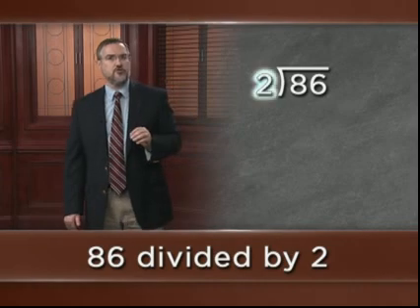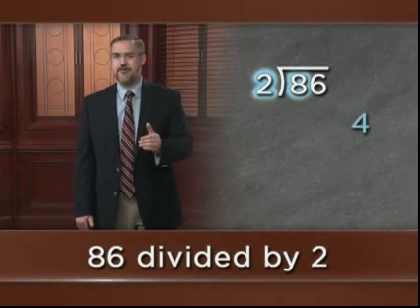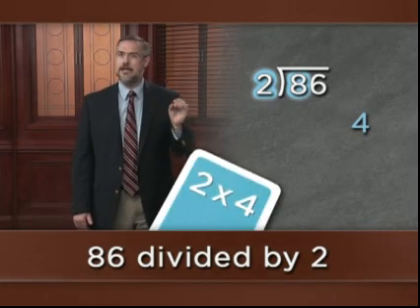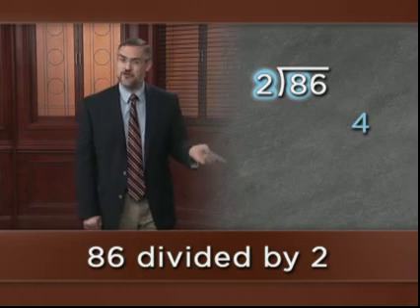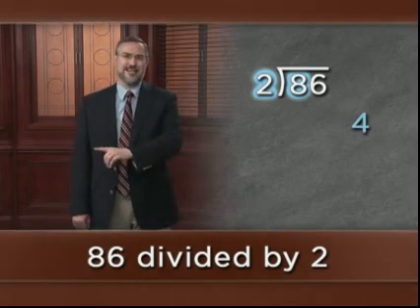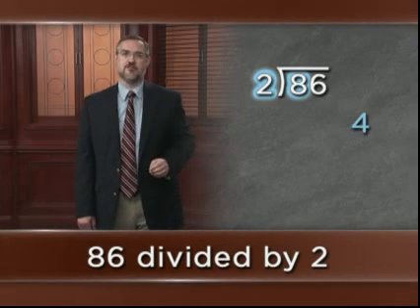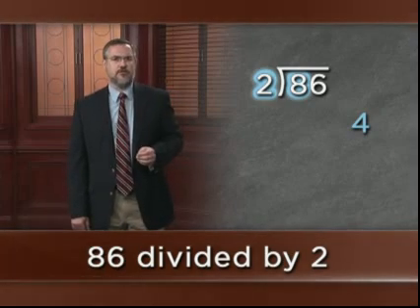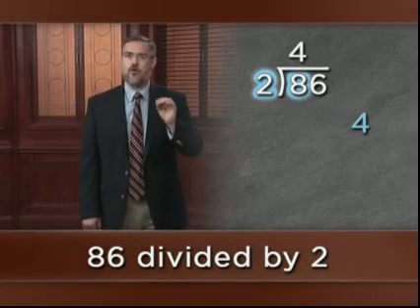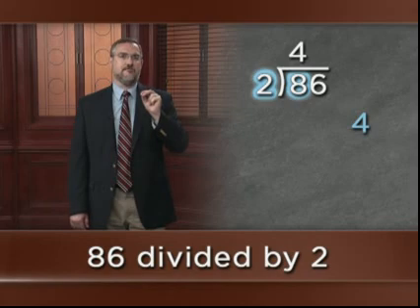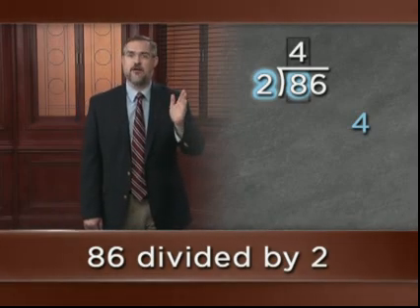I know that 2 divides 8 exactly 4 times, and that's because 2 times 4 equals 8. Notice here that it's very important as I'm doing division problems to know my multiplication facts. Here I needed to know that 2 times 4 equals 8. So now what do I do with that 4? Well, I'm going to write a 4 just above the horizontal line, and I'm going to make sure that I align that 4 vertically just above the 8.